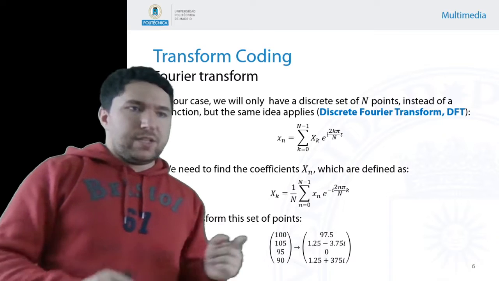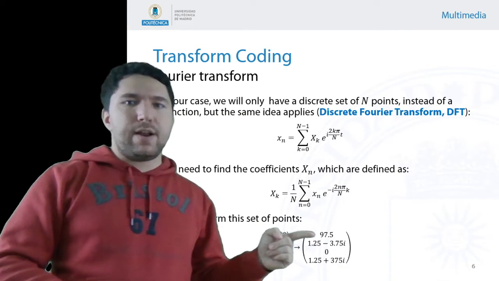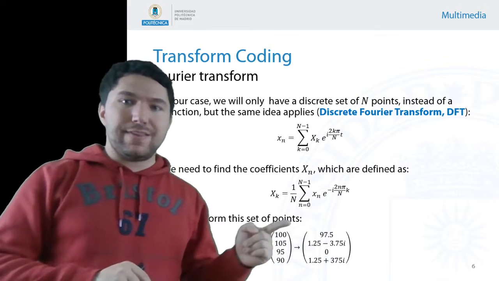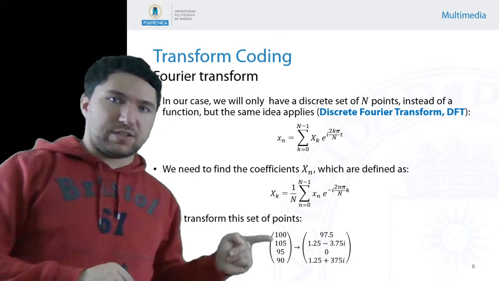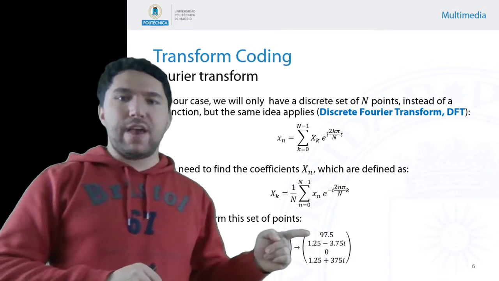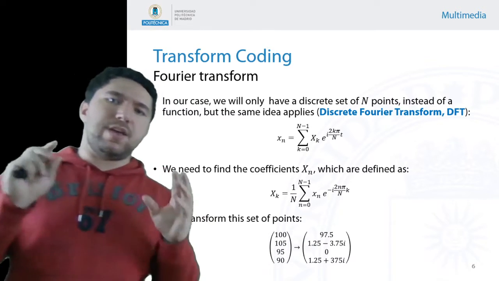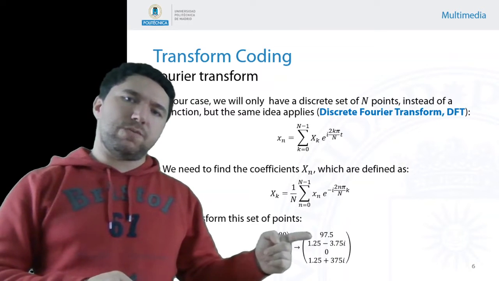But the good point is that if you see, this is a high number, close to 100. Actually, this is the average of all the points by the definition of the transform. Okay, this is the average, and here in the rest of the points, it's like, okay, imagine that now you want to obtain the original values from here.